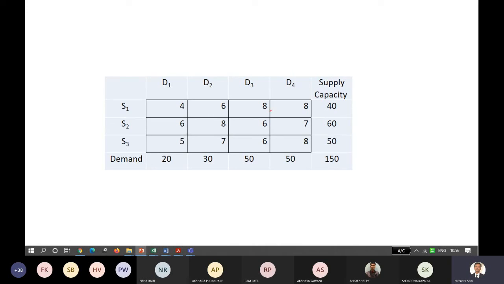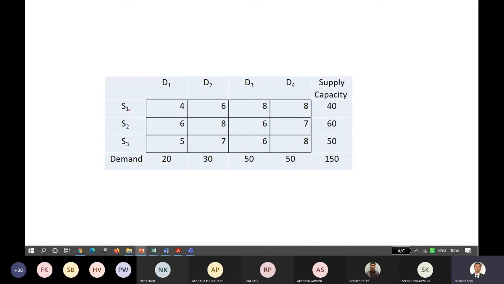Similarly, this becomes my per unit cost if I am delivering the material from supply source 1 to delivery center 4, or this becomes the cost for 3. Fine. Are we comfortable with this? Yes, sir.